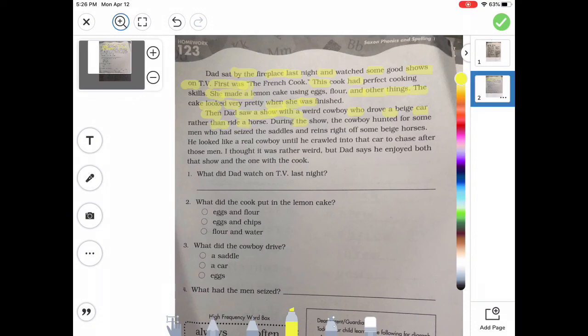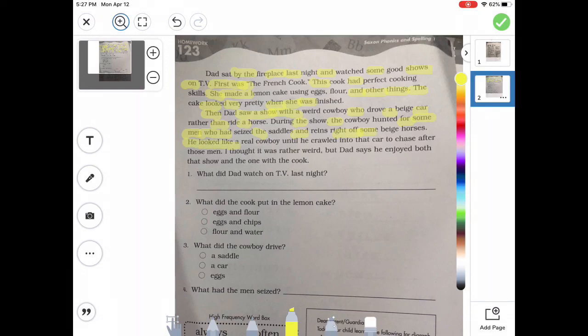During the show, the cowboy hunted for some men who had seized, remember that means takes, I see that DLE, so saddles and reins right off some beige horses.